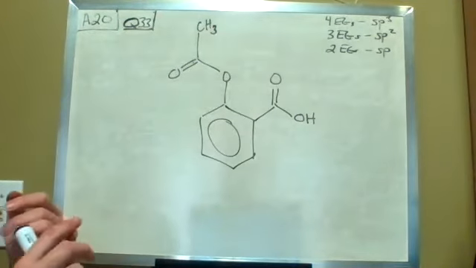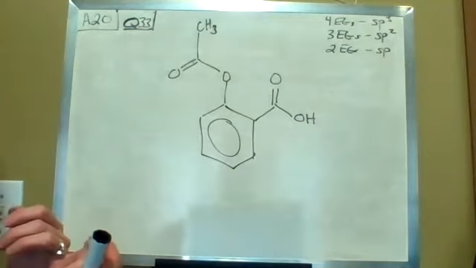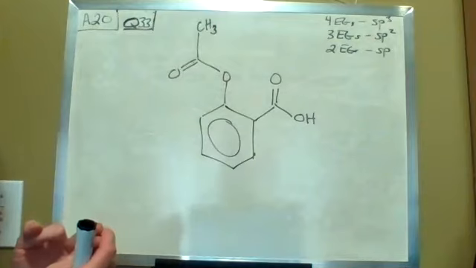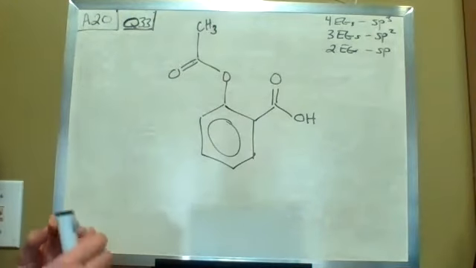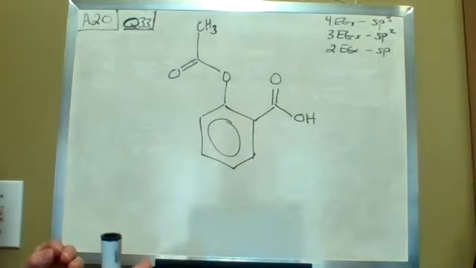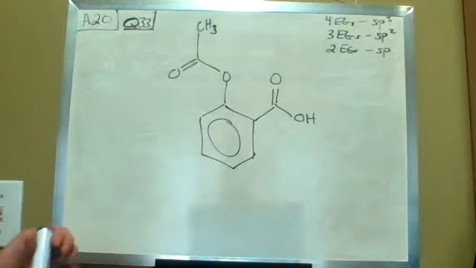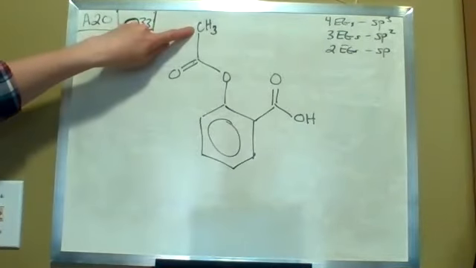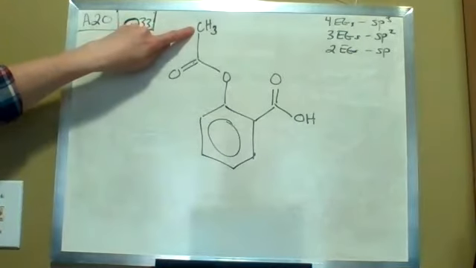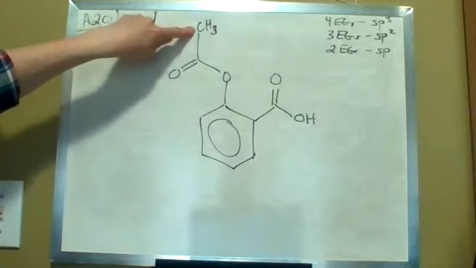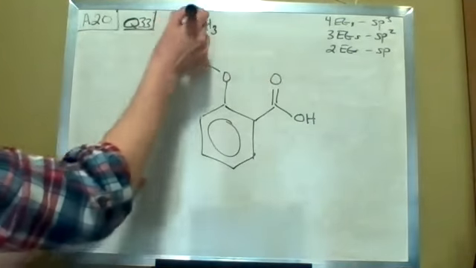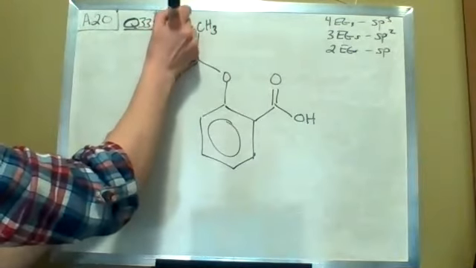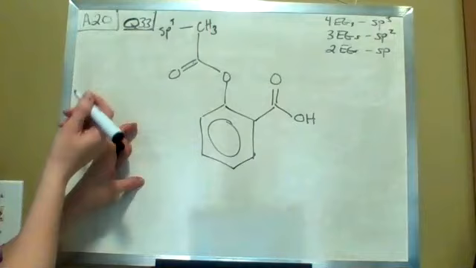So either a single bond to an atom, a double bond to an atom, or a triple bond to an atom, all counts as one electron group, or a lone pair. Carbon in this case does not have lone pairs. So here I have 4 electron groups because I have 4 different atoms attached to carbon. So this will be sp3, and geometry will be tetrahedral.